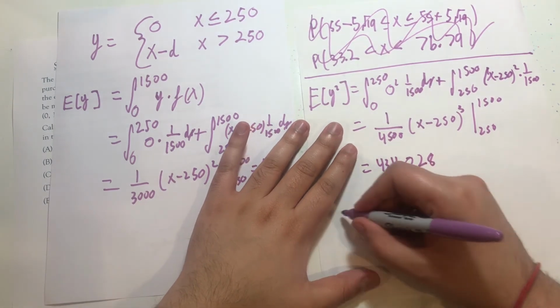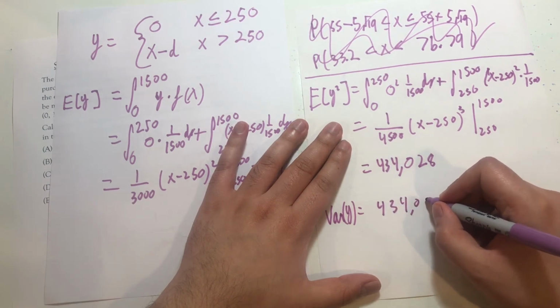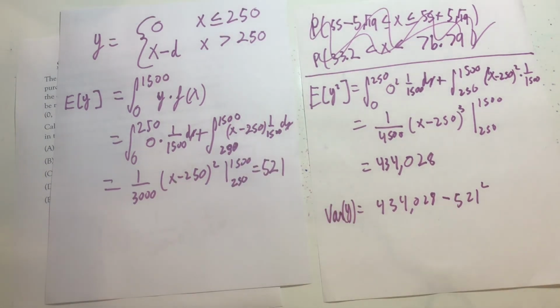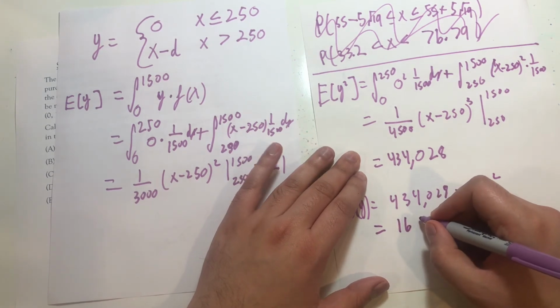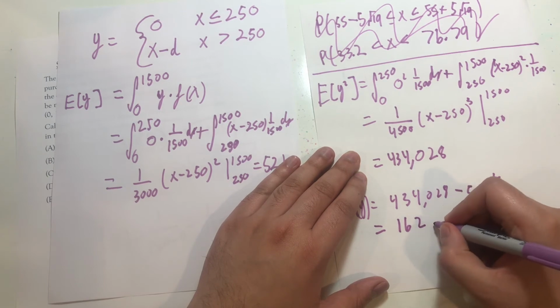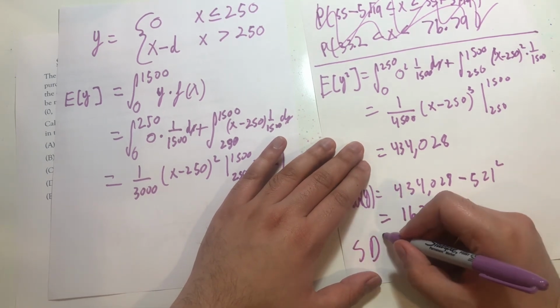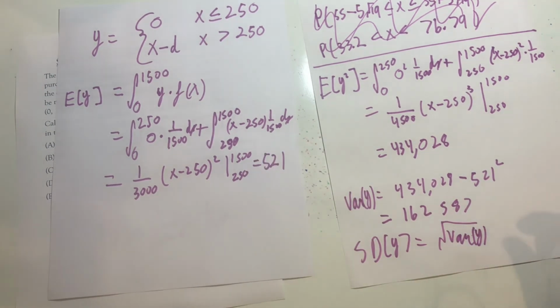So variance of y is equal to 434,028 minus 521 squared, and that's equal to 162,587, and the standard deviation of y is equal to the square root of the variance of y, which we found here, and that's easily 403.